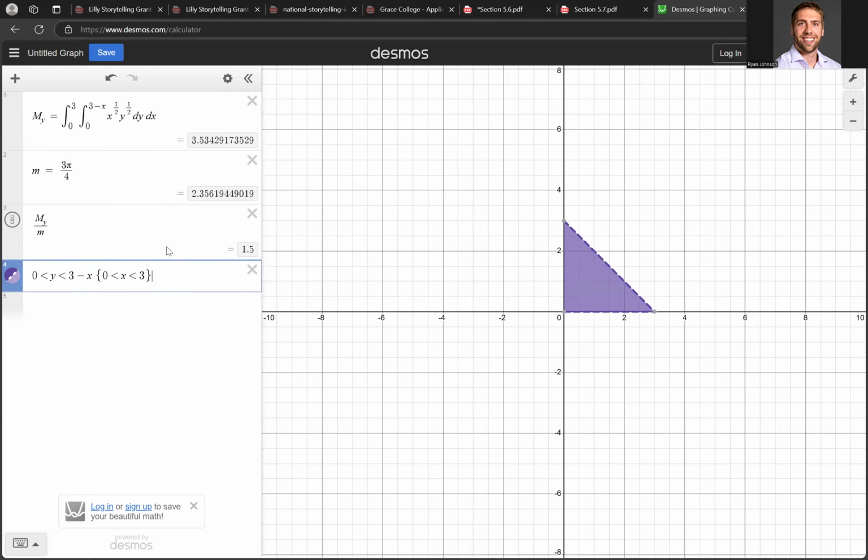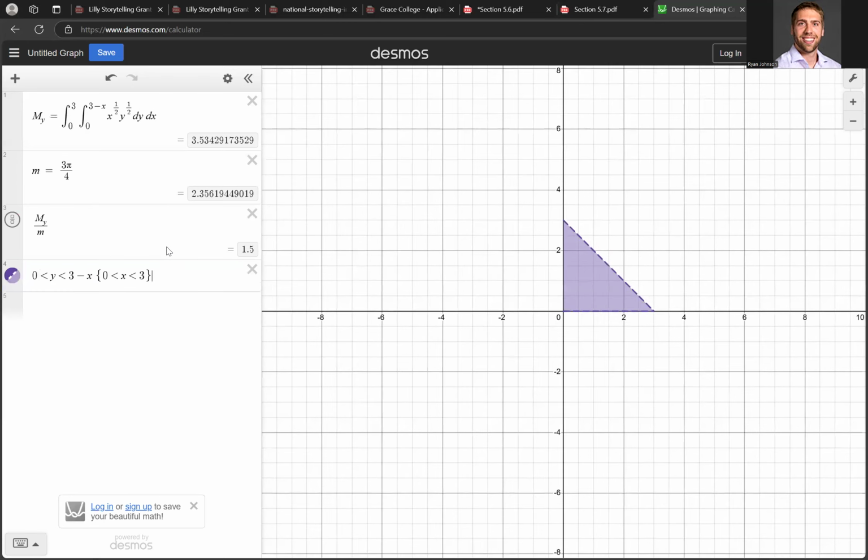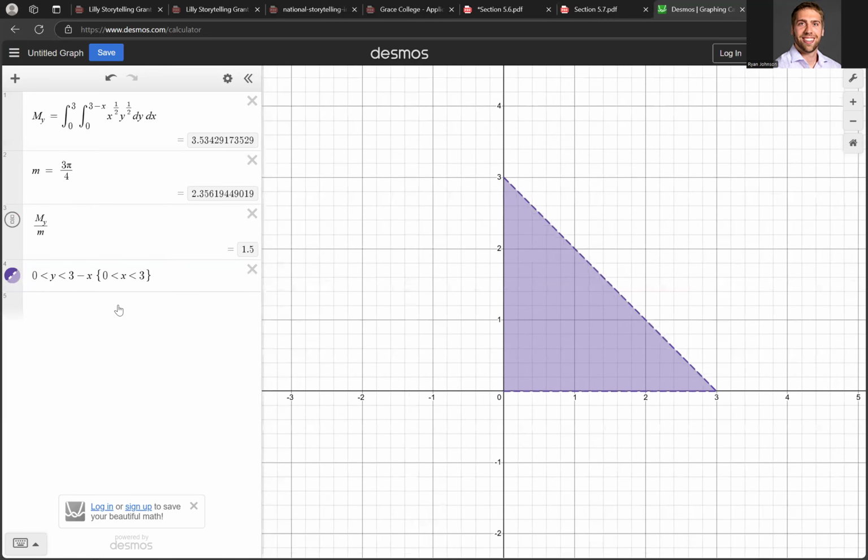There we go. All right. So for that shape right there, if you look at the point 1.5, 1.5. No, that can't be right. We've done something wrong. Oh, that's because I put the 1/2 there. Come on, guys. Oh, I think we found m wrong.